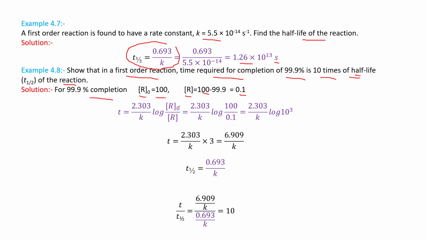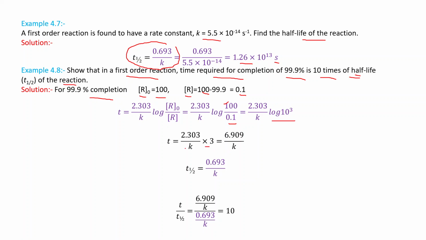So put the value again in the integrated rate equation for first order reaction. Initial concentration is 100 divided by 0.1 and we can find the log of 10 to the power 3. You can say 3 comes first, log 10 value is 1, that's why we will get this one.